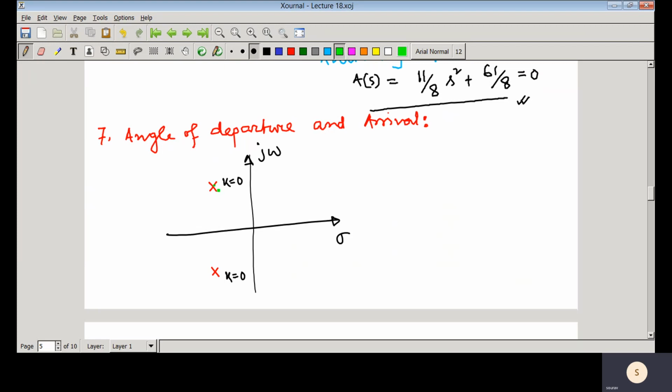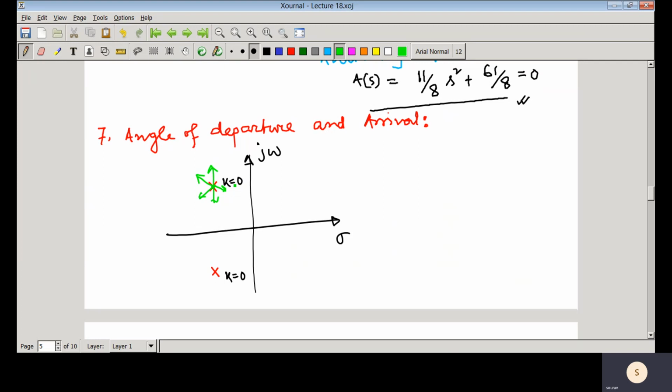Whenever at k equal to 0 you are here, when k starts increasing, it may move along that direction or along that direction. So any direction it can move. Here we need to know along which direction these closed loop poles will be moving.